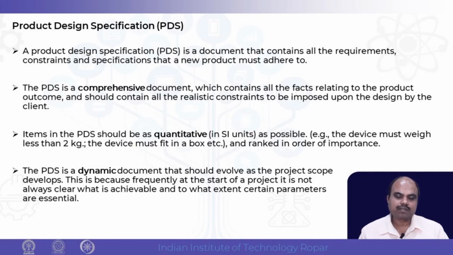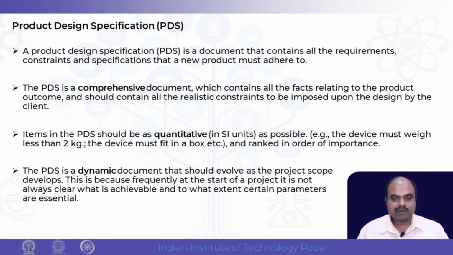That is a measurable specification, and after designing we can measure it and find out whether it satisfies that particular criterion of the product design specification or not. If not, we have to modify the product.